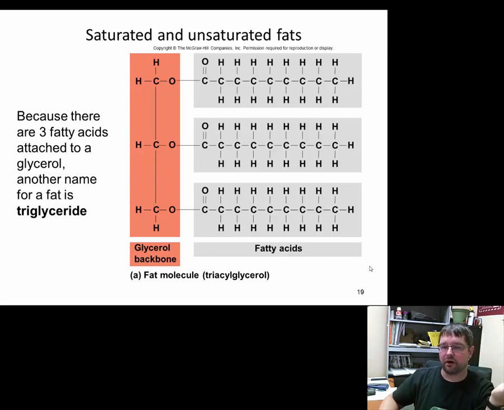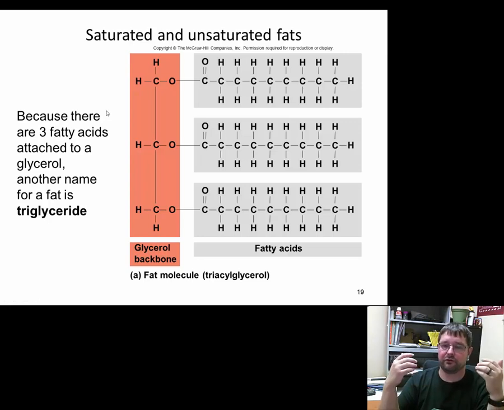So here you can see a really common fat, and a really common diagram of fat. Most fats that we talk about, like when you look at the back of a package and it says there's a certain amount of fats, or you get your fat content of your body and it's a certain percent, really it's talking about triglycerides. It doesn't mean that fats don't occur in other forms.